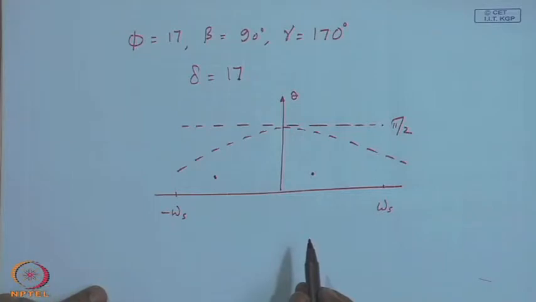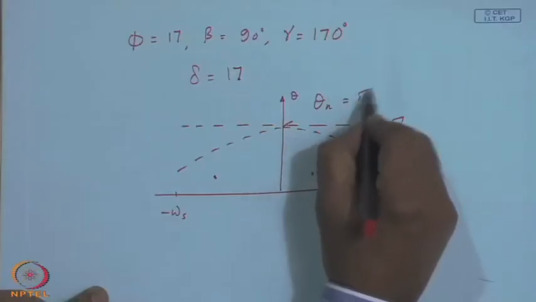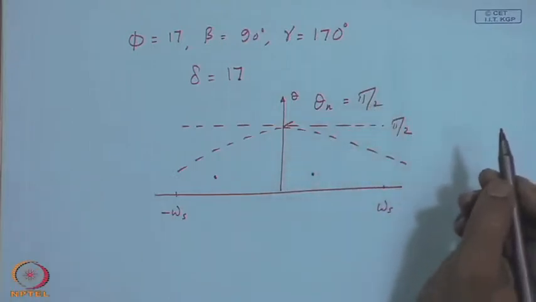And as a matter of fact, I suspect this is exactly theta noon equal to pi by 2.